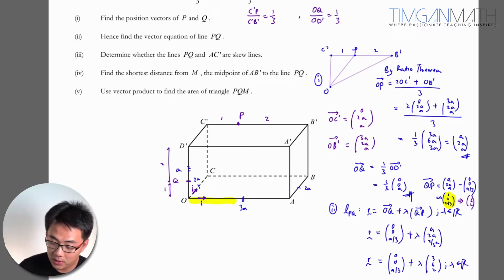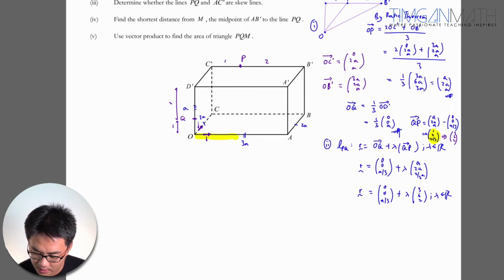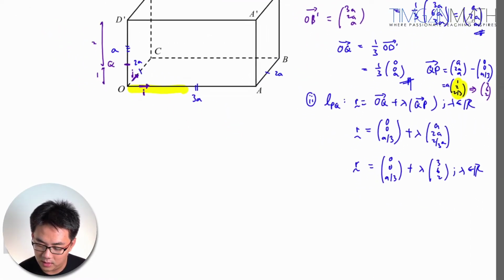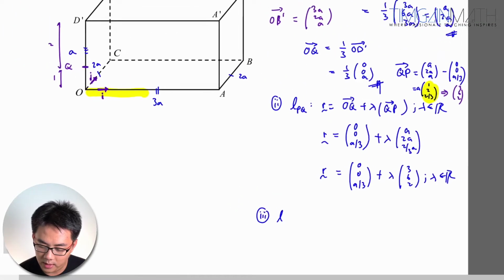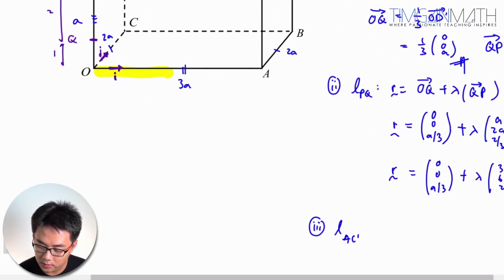So determine whether PQ and AC prime are skew. So you just find the line equation of AC prime, part 3. We need to find OA first.